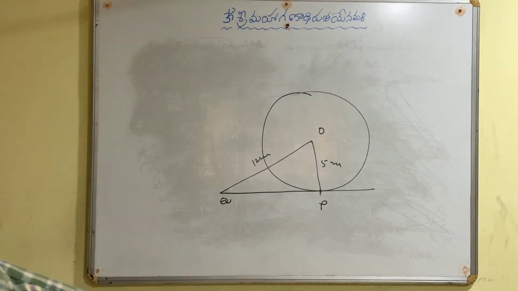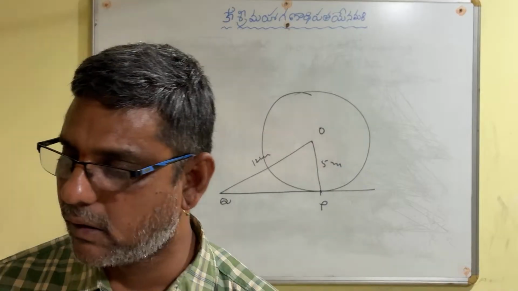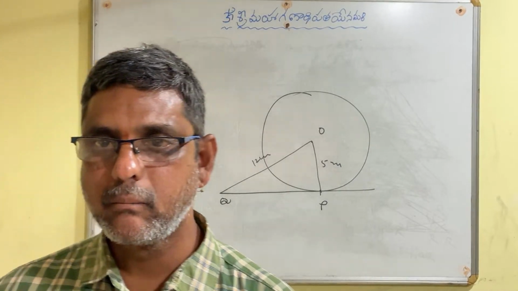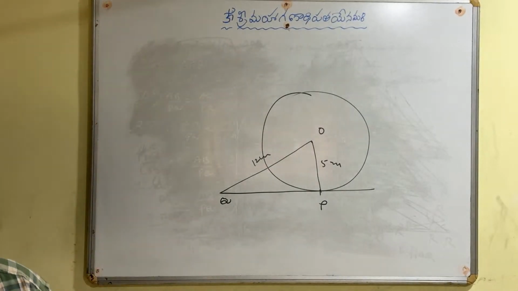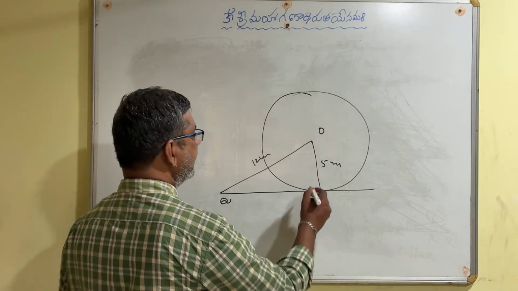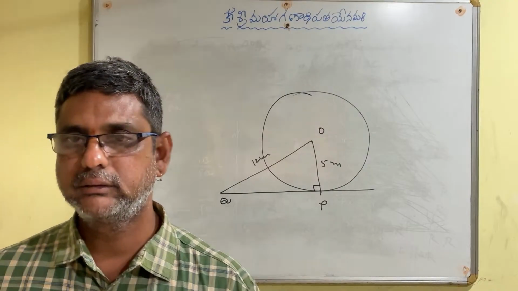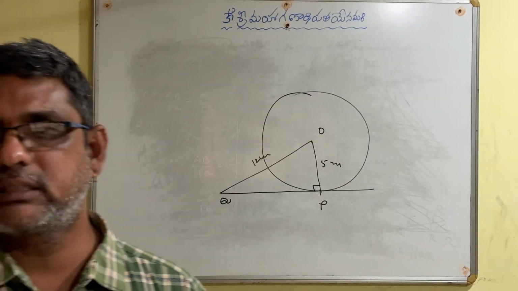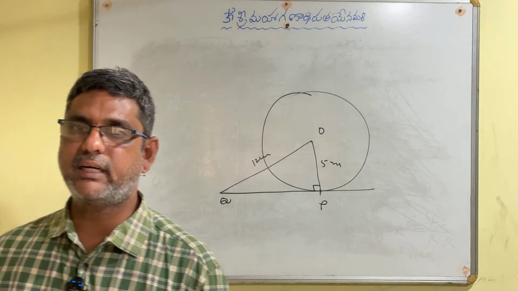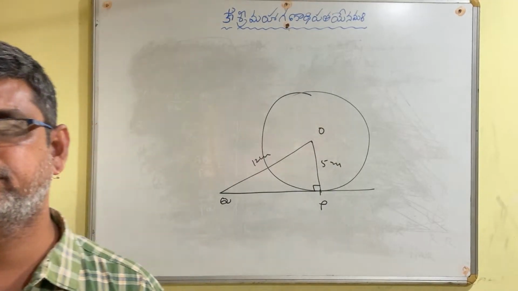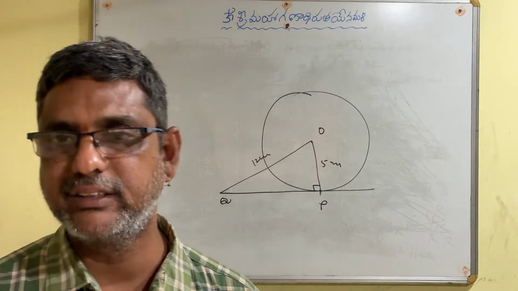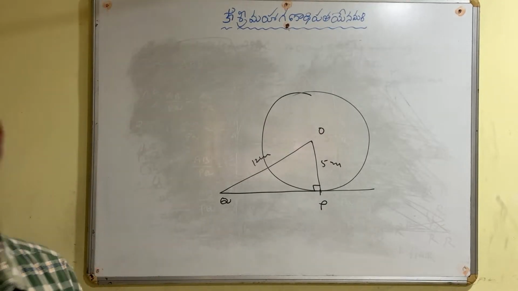In this triangle POQ, where is the right angle? OP is perpendicular to QP. Good. Radius is perpendicular to the tangent at the point of contact. That means angle P is 90 degrees. So apply Pythagoras theorem.